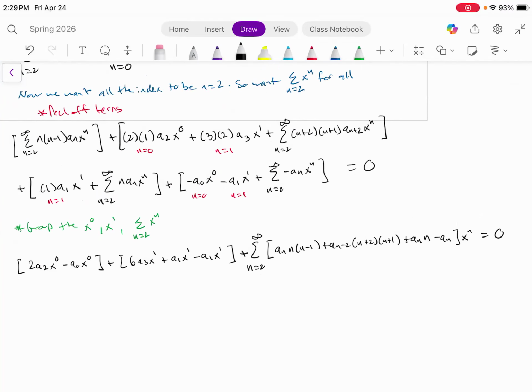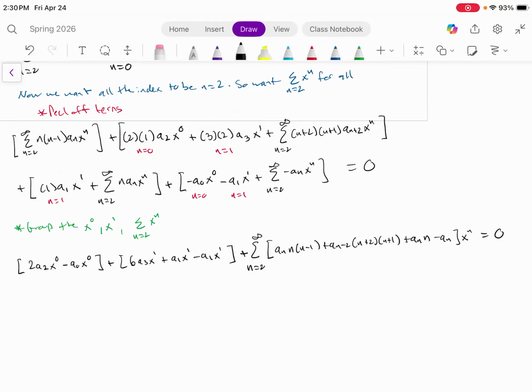Okay, so did a lot of algebra to get to this step we just did, but double check it, maybe pause the video, see how we got there, but just for the sake of time, we don't want to write out every single little step for right now. Okay, so before we get going on our recurrence relation, what I want to do is clean up the inside of the power series a little bit.